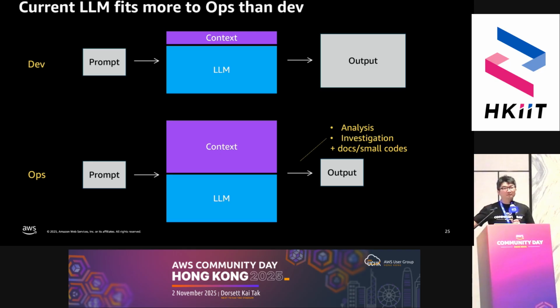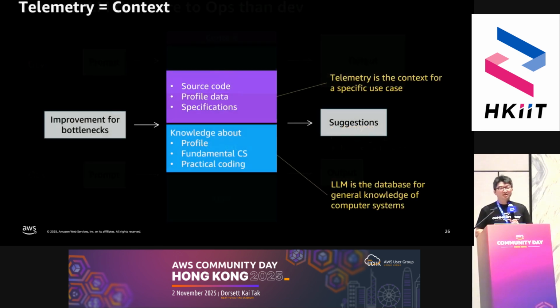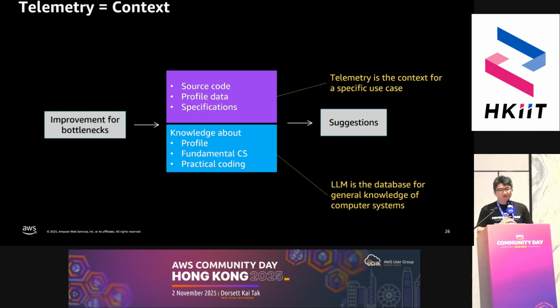Versus in the case of development, you need to generate a lot of source code, and that should be a really large context for the model itself, and also the output itself is really indeterministic. So I believe LLM fits more into operations these days.